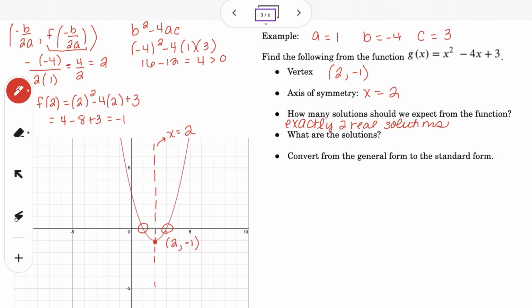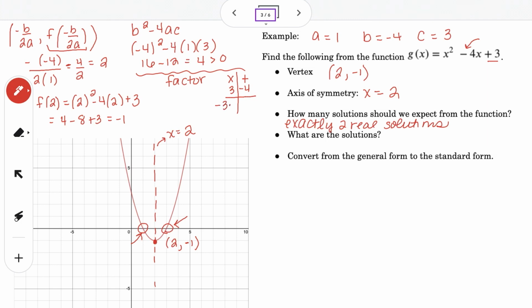Well, what are those solutions? We can certainly use the quadratic formula to find them. However, since I actually do see them and they're nice whole numbers, let's factor to find the solutions. We're looking for what multiplies to positive 3, but also adds to negative 4.